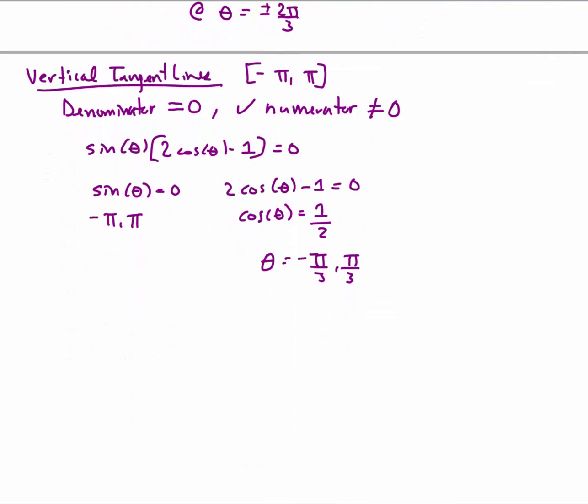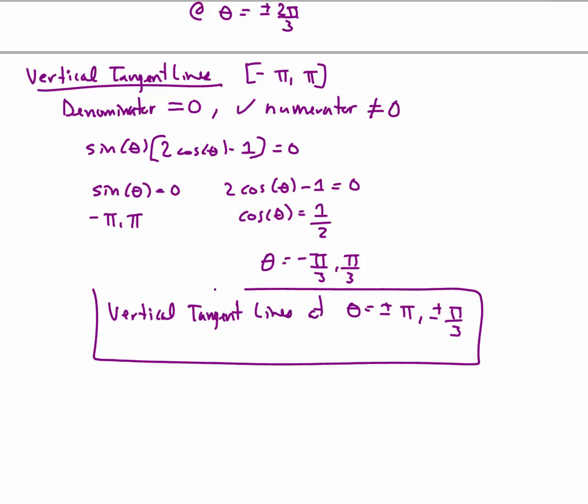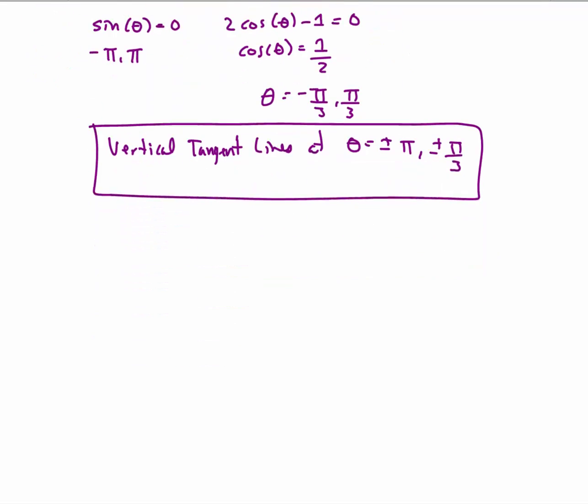And then here I have vertical tangent lines at theta equal plus or minus pi, which is actually the same point, and plus or minus pi over 3. So that's kind of summarizing everything.